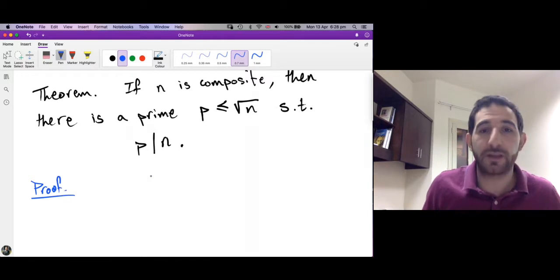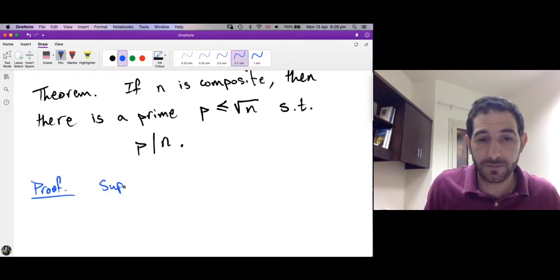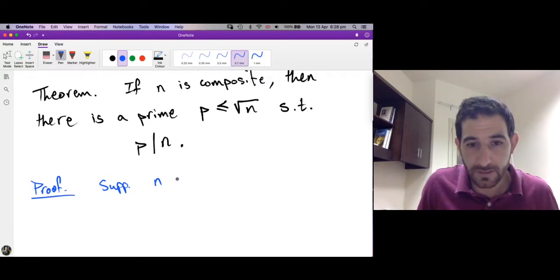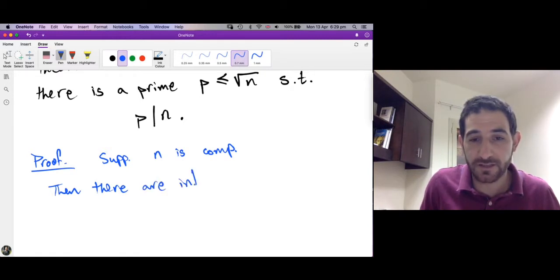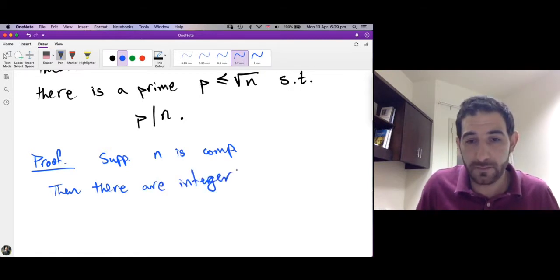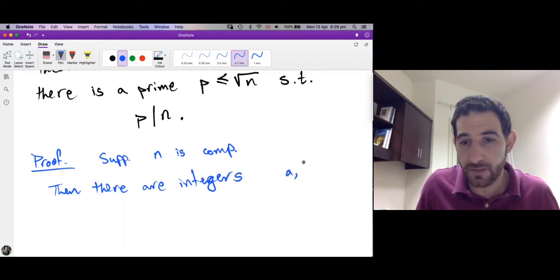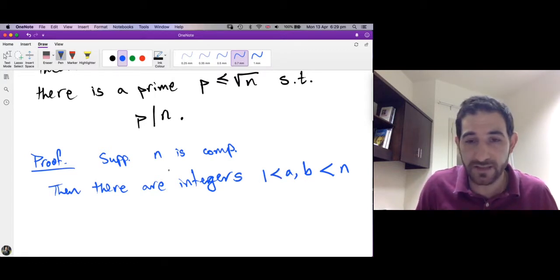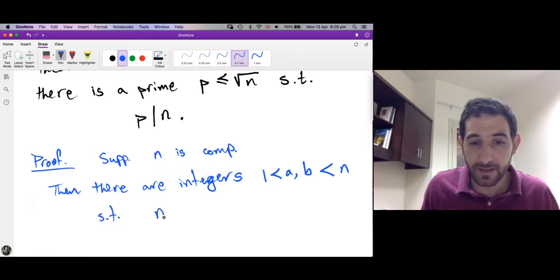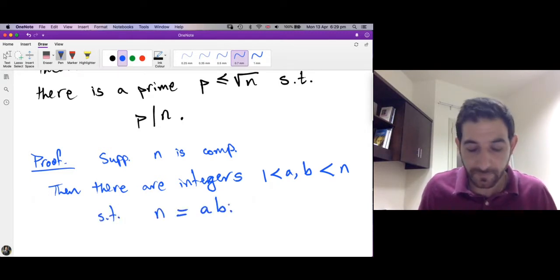Okay, so prove. Again we will use direct proof. Suppose n is composite, then what does it mean? Then there are integers, let's call them a and b, and these a and b are strictly less than n and strictly bigger than 1, right? n has divisors which are not 1 and are not n, such that n is equal to a times b.